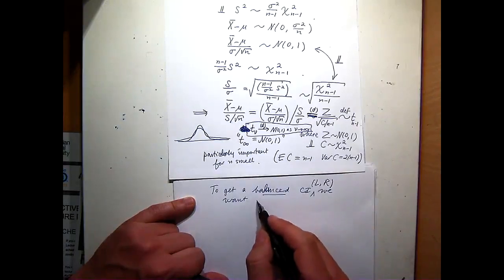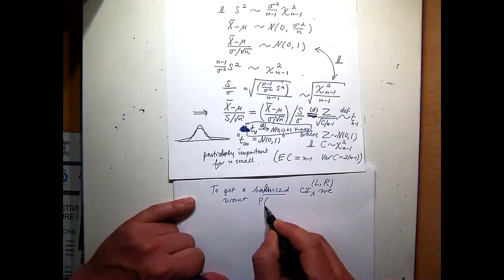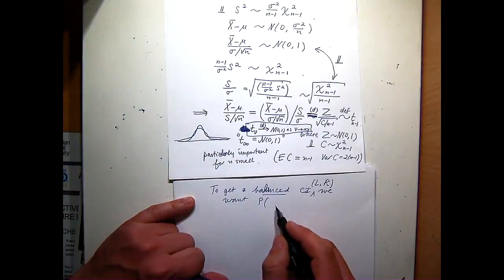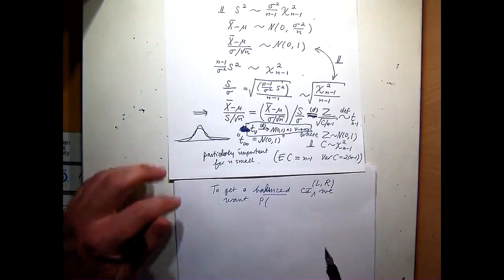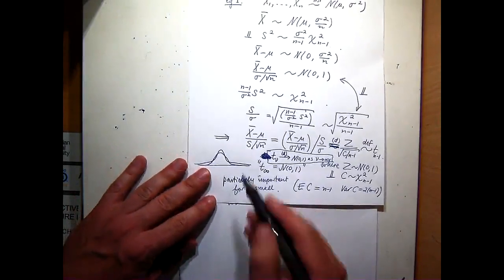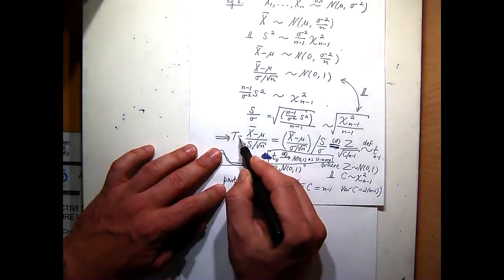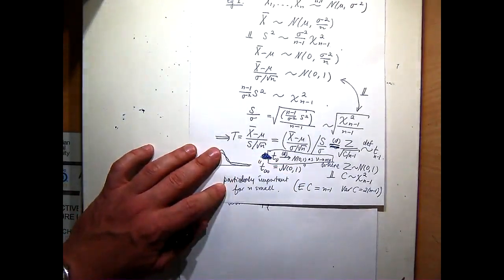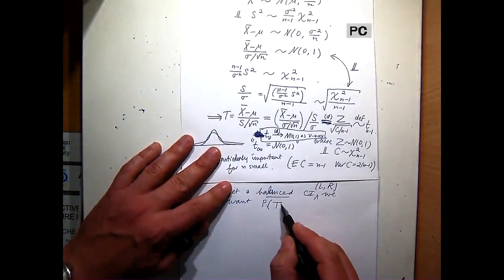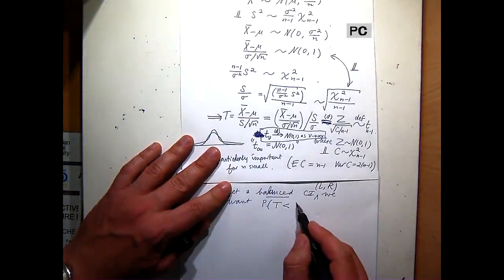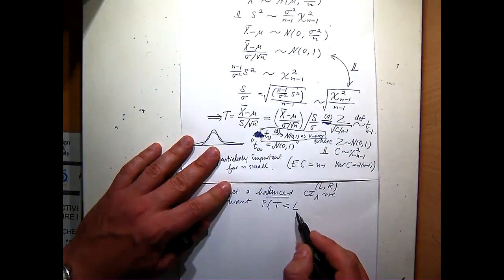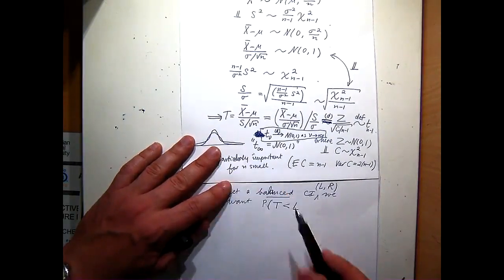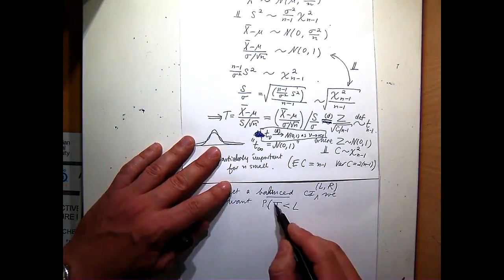We want the left bound of that confidence interval, the probability that the t statistic is less than L. I'm going to get to the statistic later.